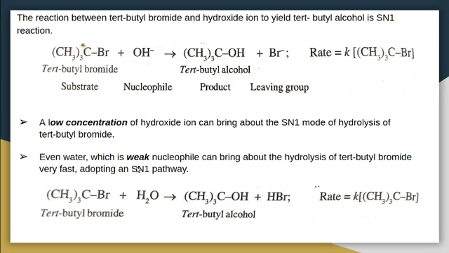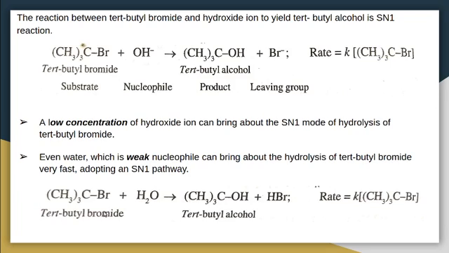Even a weak nucleophile can bring about the hydrolysis of tertiary butyl bromide very fast, adopting an SN1 pathway, because the nucleophile has no role in the rate determining step. So we can use a weak or a strong nucleophile for the hydrolysis of tertiary butyl bromide.